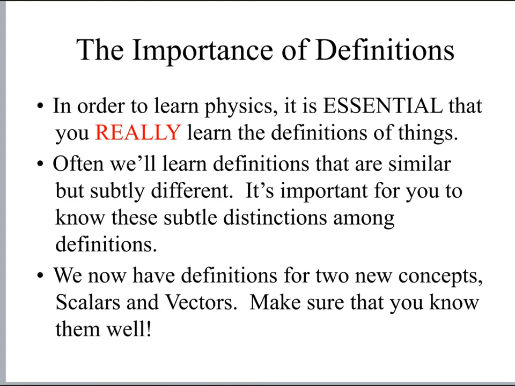And that can lead to misunderstanding, it can lead to an inability to solve problems, and really it means that you haven't learned what you're supposed to learn. So right now we have two definitions. We've got scalar is defined, we've got vector is defined. It's really important that you learn these definitions.